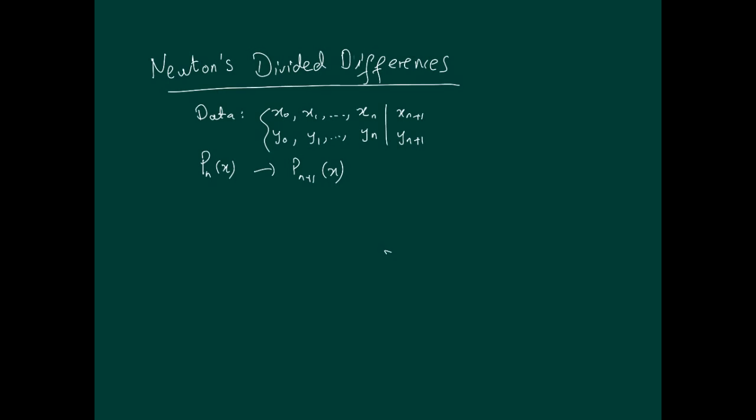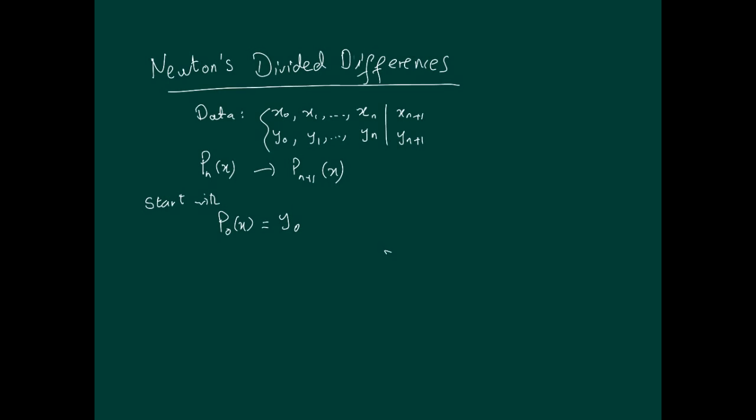So the way it works is quite simple. We start with the simplest polynomial, which is a 0th order polynomial, the constant, and clearly we let that equal y0. Keep in mind that it satisfies the first point for sure. It interpolates only one data point.